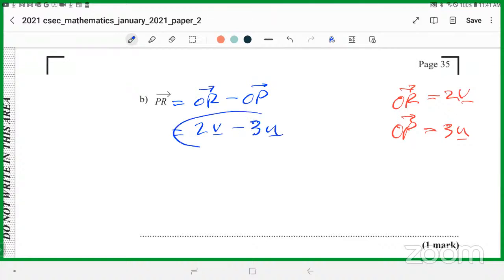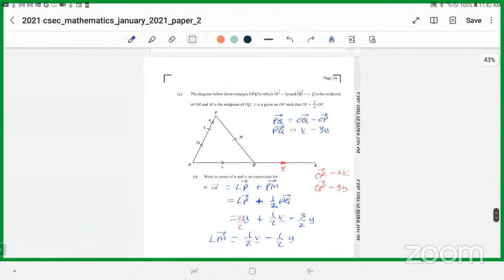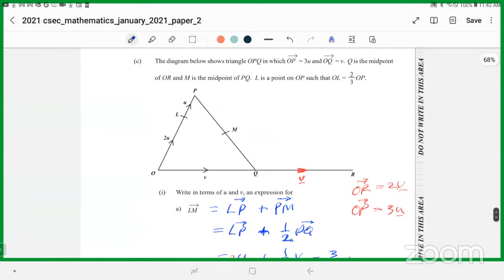And I can show you this on the diagram still. 2V and then minus 3U going from P to R. Look at it. If I'm starting here, let me shift this up all the way. So if I'm starting here, and I want to go here. The question is saying go 2V and then minus 3U. So 2V starting here will be all the way out here. Same length as this. But I'm putting it up there. This will be 2V still.